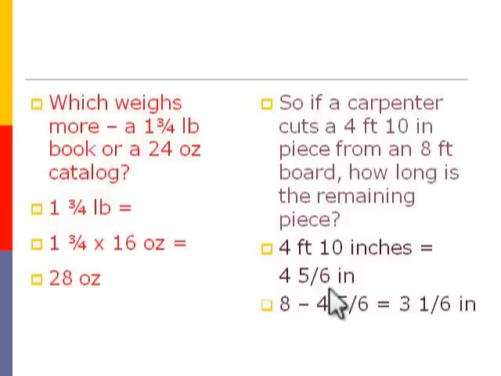We divided 10 by 12, and that reduces to 5/6. Then we have to subtract that amount from our 8-foot board. So 8 minus 4 and 5/6, we would have to rename to borrow. We would need to rename and borrow, subtract, and what's left is 3 1/6 feet.